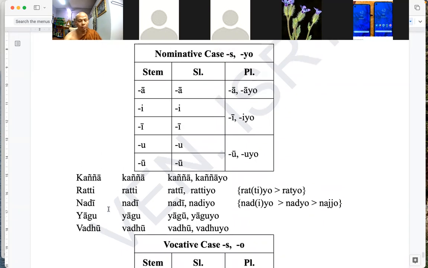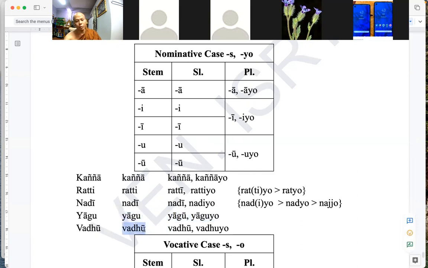Okay, so these feminine nouns ending in A, I, I, U, U, in this way we can decline them, or they can change by adding those endings in their nominative form. So kanya, kanya, kanyayo, and then radi ending in the I, radi, radi, radiyo. And then nadi, nadi, nadiyo, yagu, yagu, yaguyo.